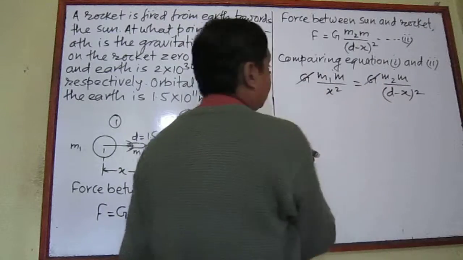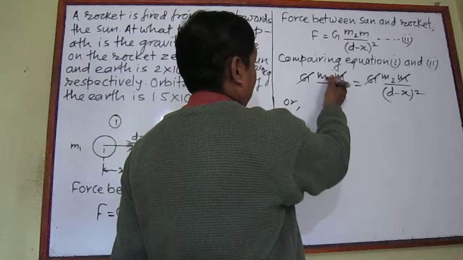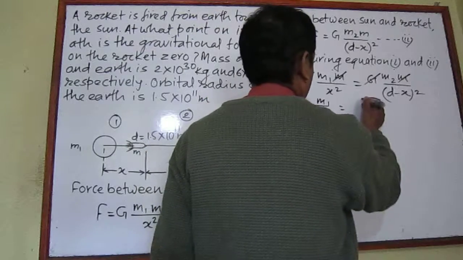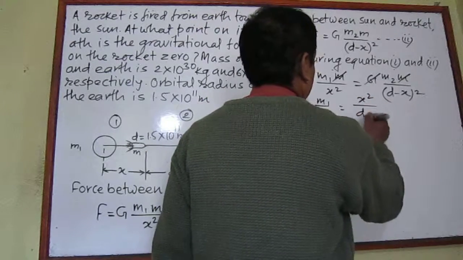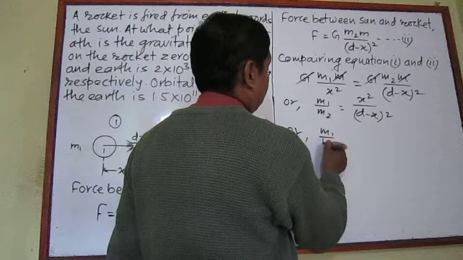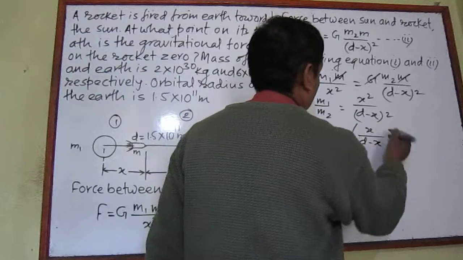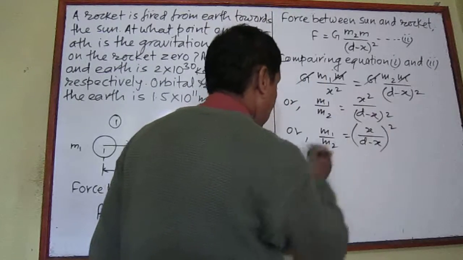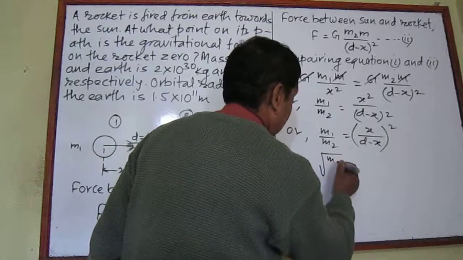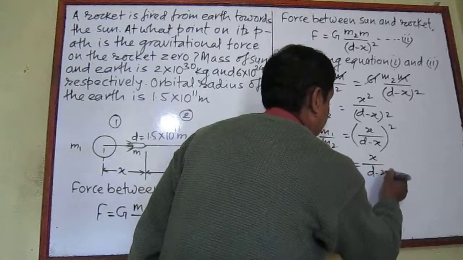Here G cancels, m also cancels, and we can write m1 by m2 is equal to x squared upon d minus x whole squared. If the square is taken away, then we can put root over m1 by m2 equal to x by d minus x.